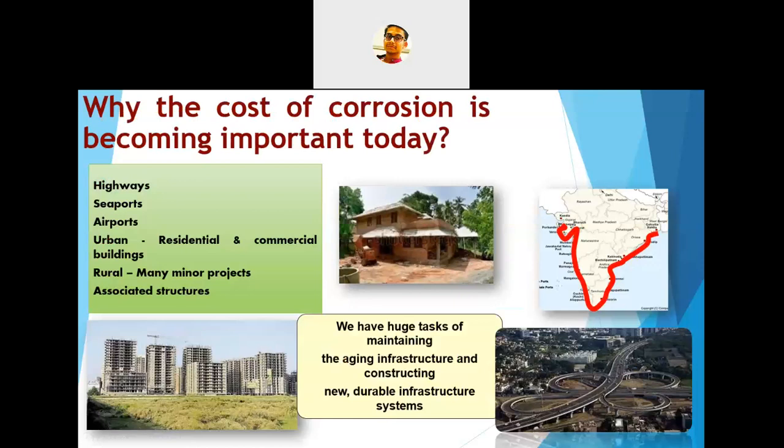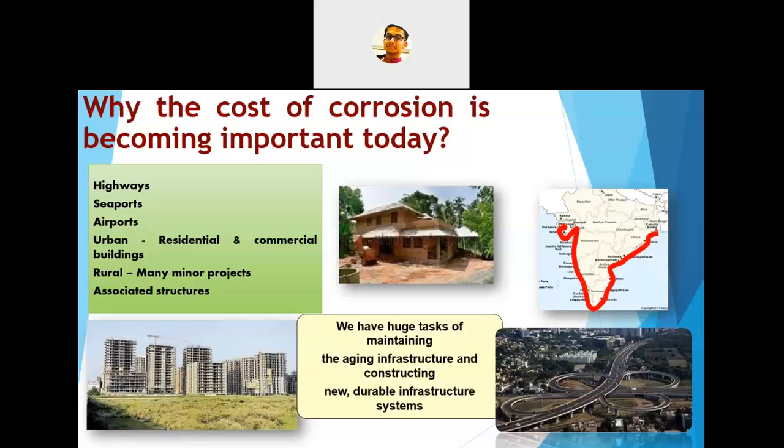And the associated structures means, suppose you are going to construct a road, along this road there will be some important structures associated with it. So all these structures we are constructing on a daily basis; there's a construction boom now.